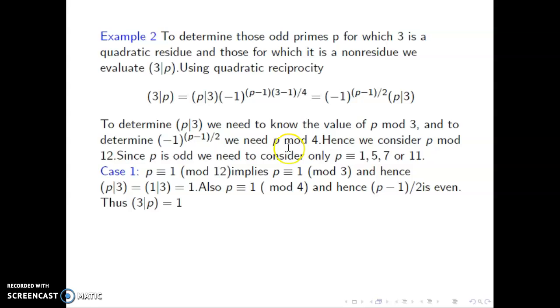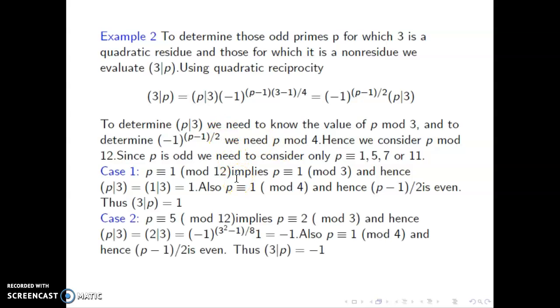Case 1. If p is congruent to 1 mod 12, this implies that p is congruent to 1 mod 3 and hence p over 3 is equal to 1 over 3, which is 1. Also p is congruent to 1 mod 4 and hence p minus 1 by 2 is even. Therefore 3 over p is 1.